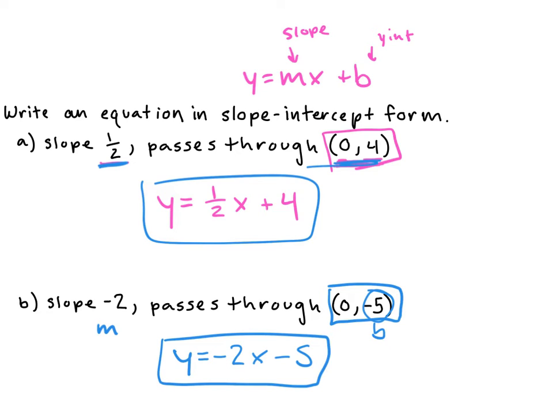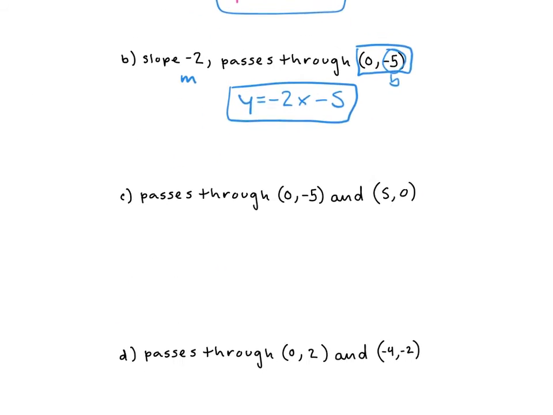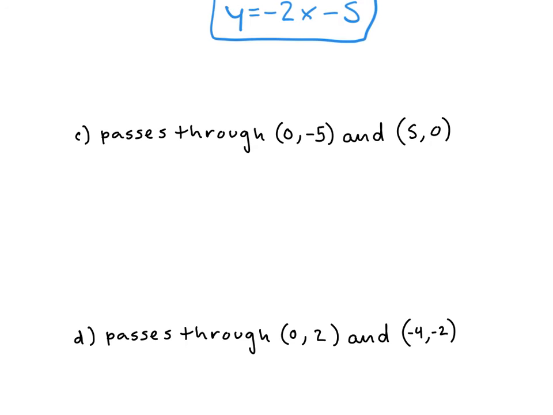All right, let's look at C. So we have passes through 0, -5, and 5, 0. So here, this is our b, but it doesn't give us our slope. How do we find the slope? What's our slope formula? y2 minus y1 over x2 minus x1. So we have our x1, y1, x2, y2.